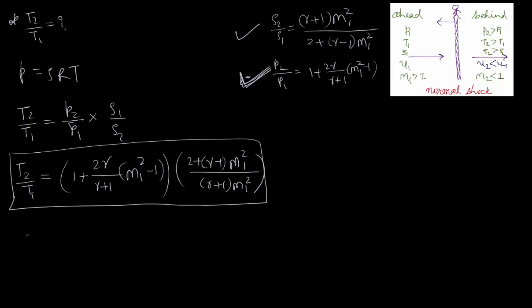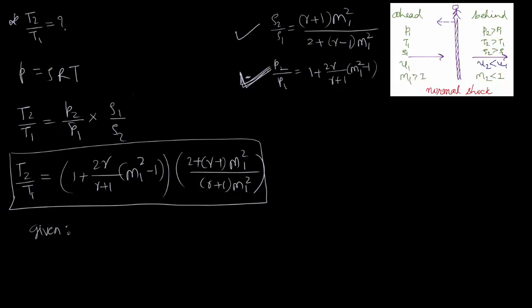So now we have derived M2 and the other ratios P2 by P1, rho 2 by rho 1 and T2 by T1 as a function of M1 and gamma. So what is given?